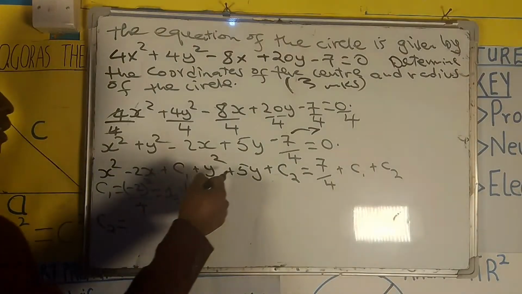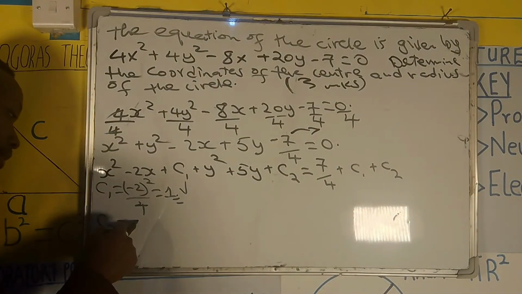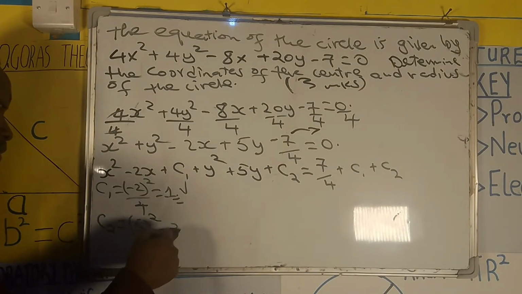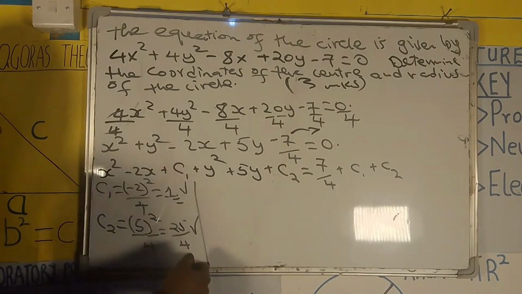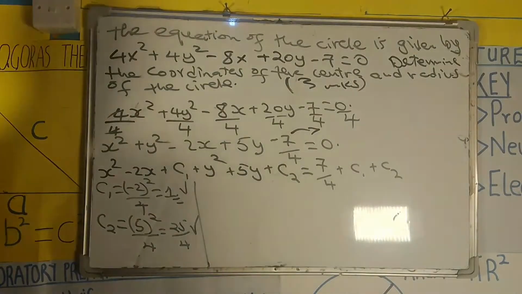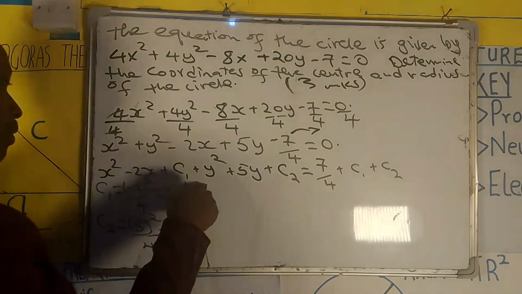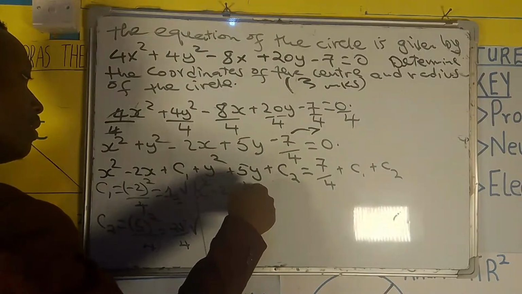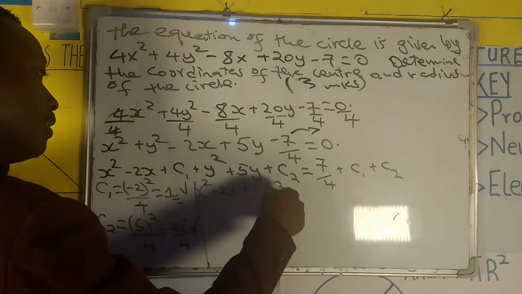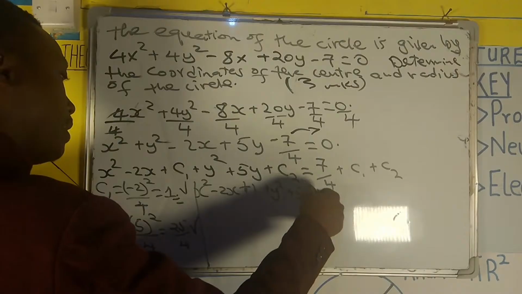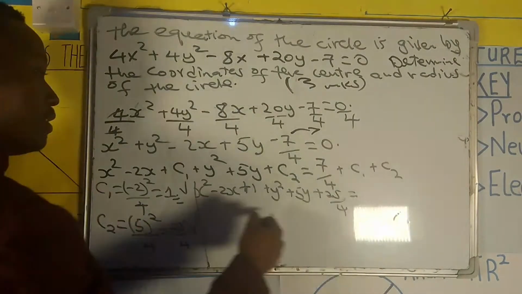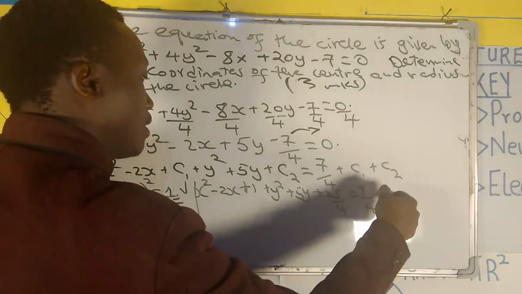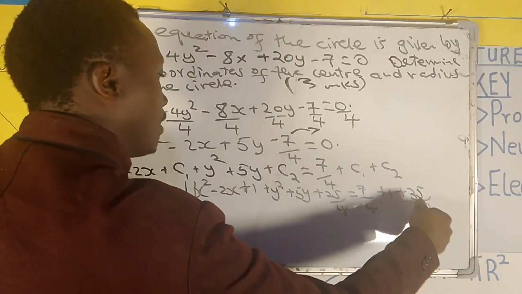C2 itakuwa bado b squared ambayo itakuwa ni 5 squared over 4 times 1, 4. So itakuwa 25 over 4. After kufanya hivyo, itakuwa x squared minus 2x plus 1 plus y squared plus 5y plus 25 over 4 is equal to 7 over 4 plus 1 plus 25 over 4.